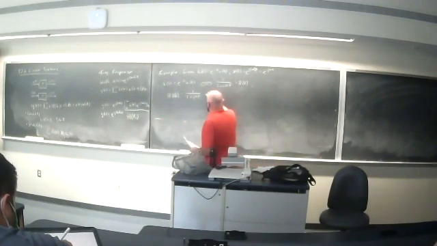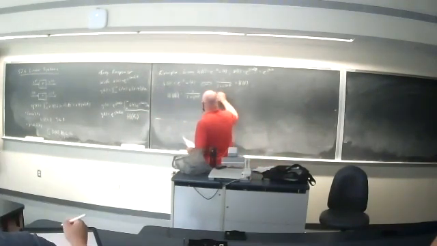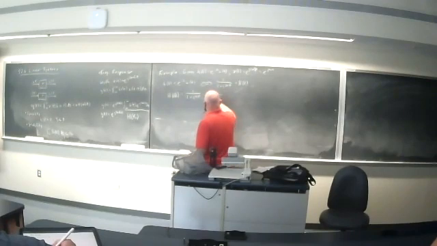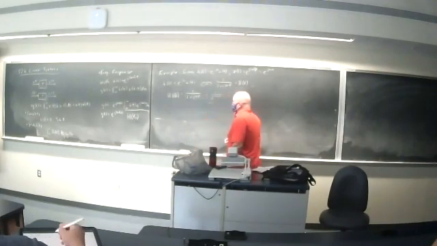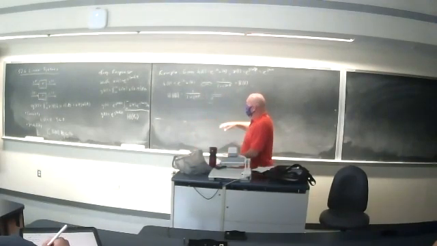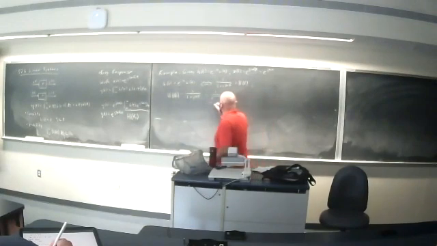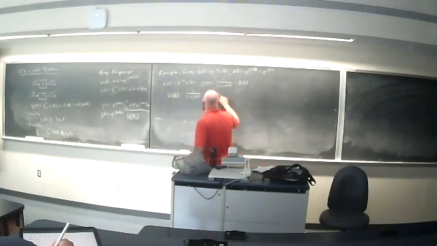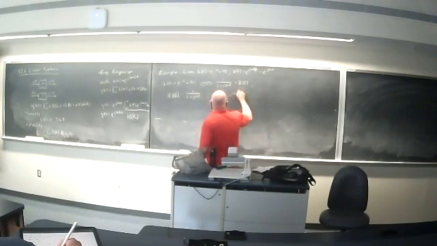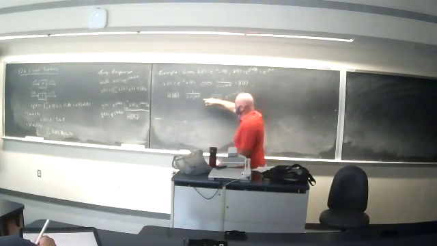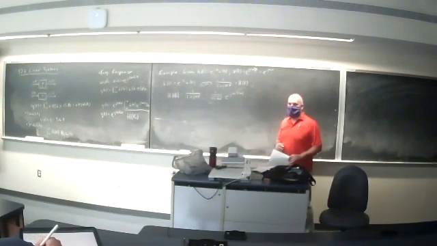Or I could write this in exponential, polar form. This is going to be the square root of 1 squared plus 16 pi squared, times e to the minus j, inverse tangent of 4 pi over 1. The minus is because it's in the denominator.